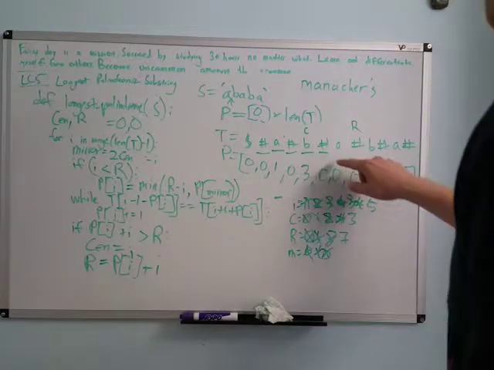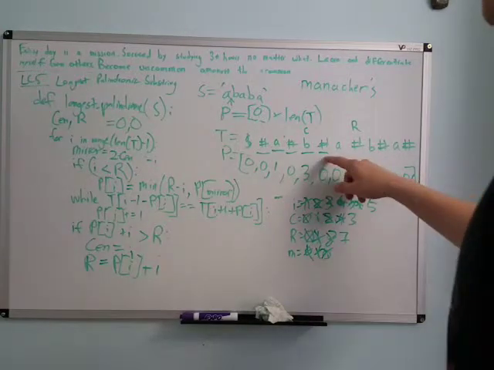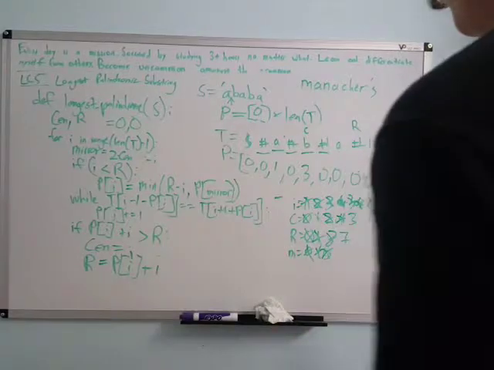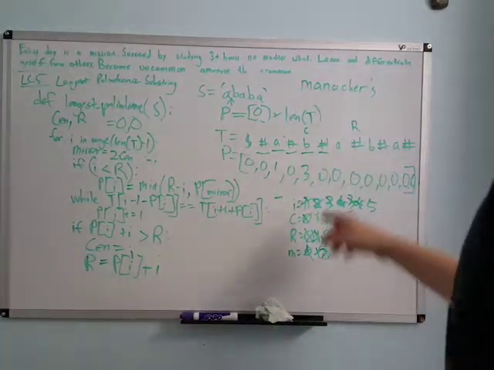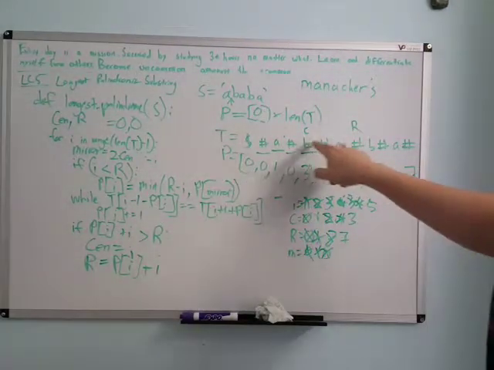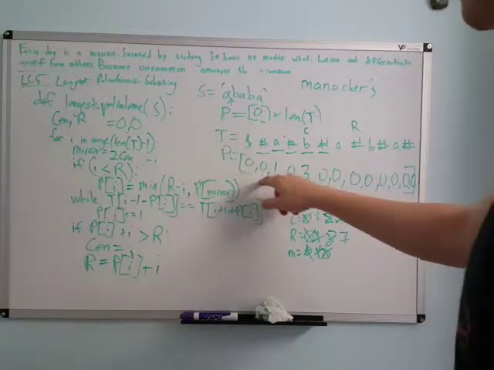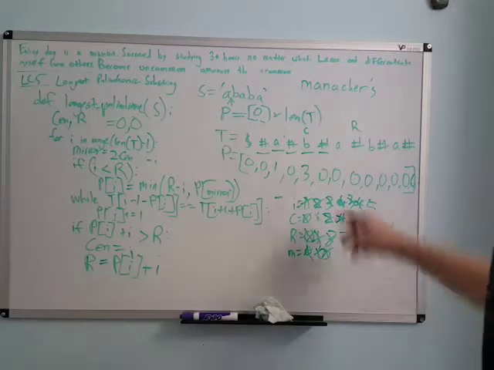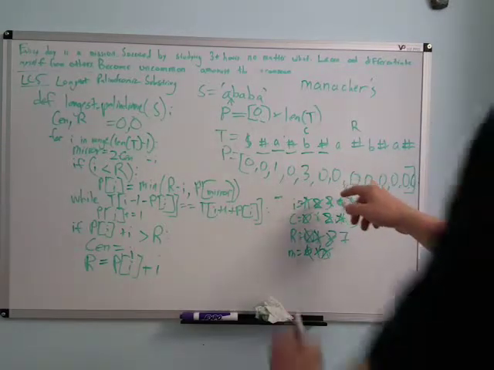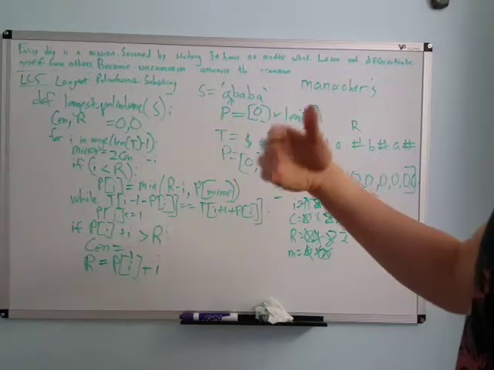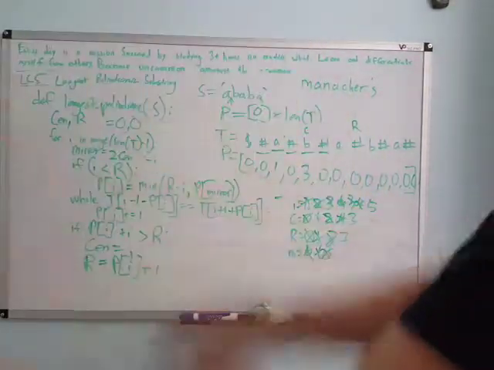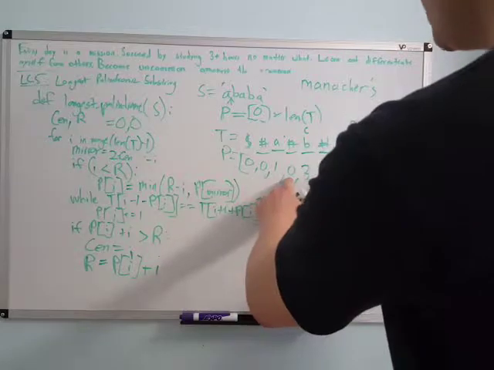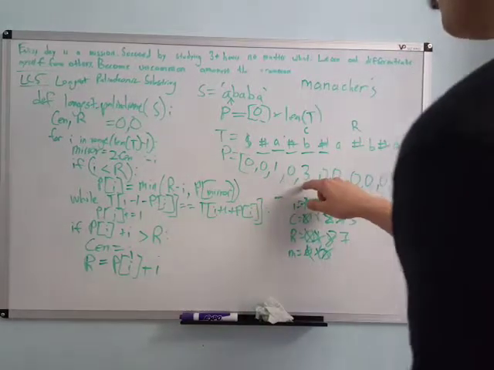So P of I here, we can actually just update it using this because we've already seen this before. If you just look at this outside, you should see this pattern, but since it's a mirror, you should see P of I being equal to the similar value from the other side of the mirror. 3 is 3, 0 is here, so we should see another 0 here, since we had 0 there.